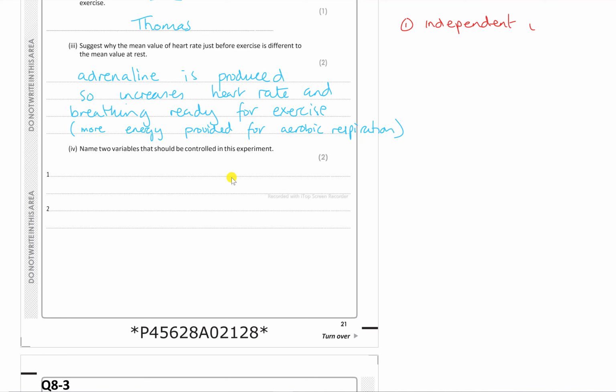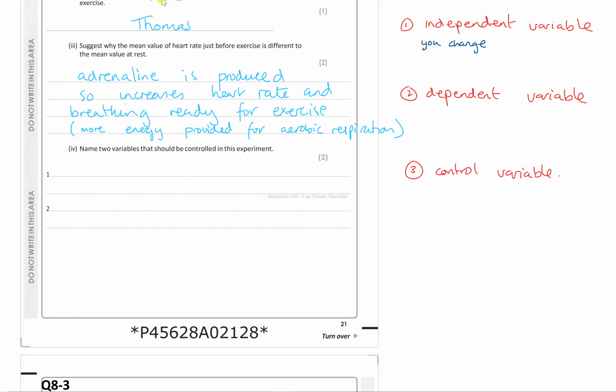Independent variable. What else did we say? Dependent variable and a control variable. Right. Independent is the one that you change in a controlled way.